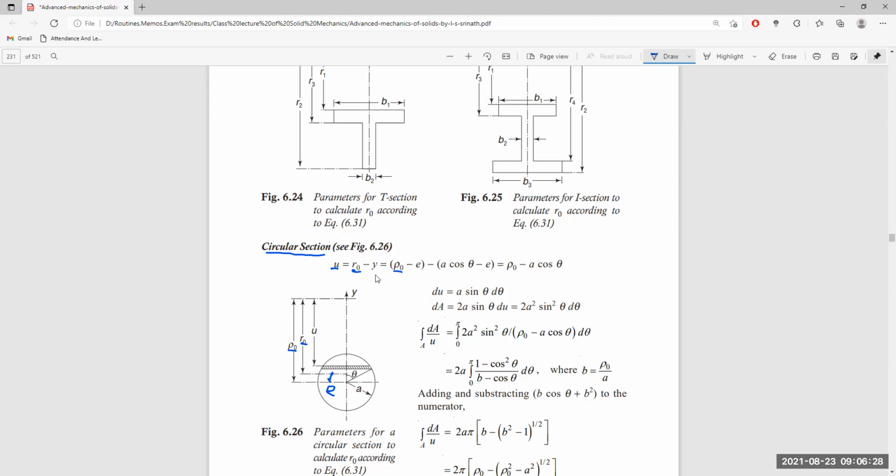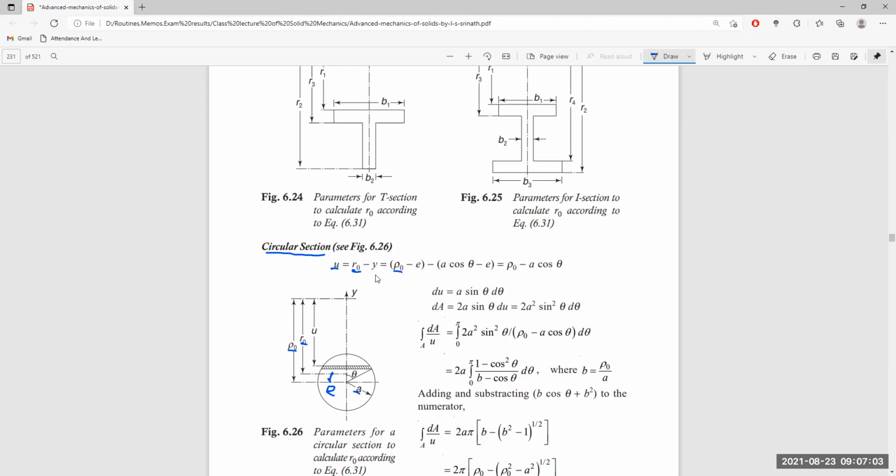So its distance from the neutral axis is given by y. If the radius of this section is equal to a, so this is also a, and theta is the angle intended between the line which is drawn from the center of the cross section to the end of our strip of concern, and the y-axis itself. The length of this line is equal to the radius of the cross section, that is a.